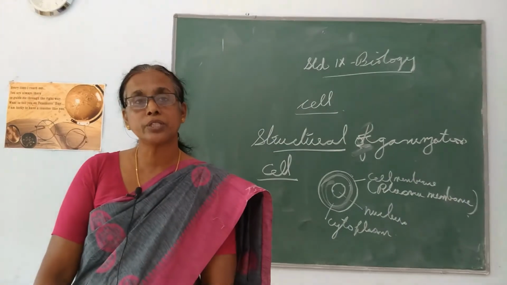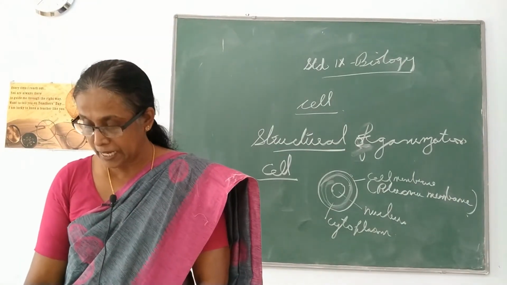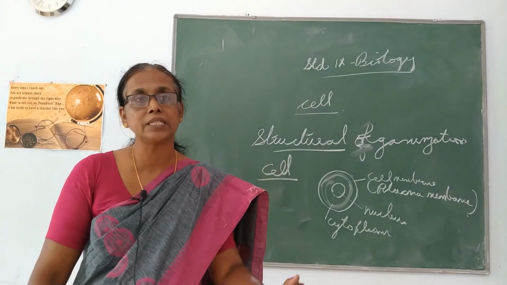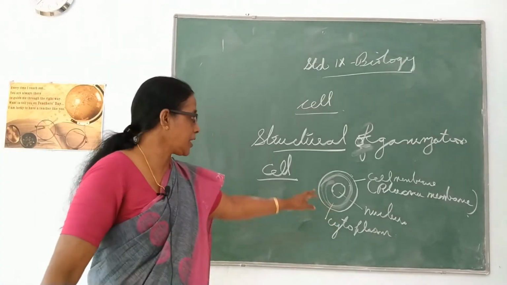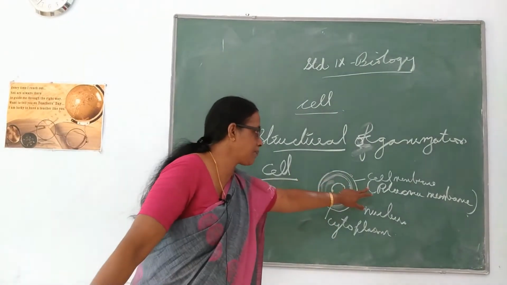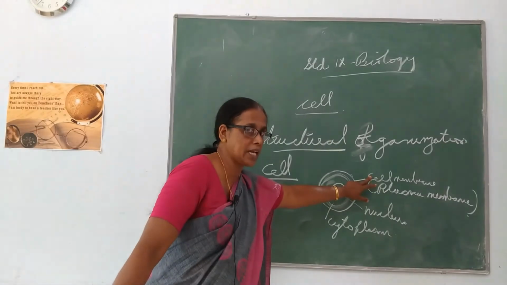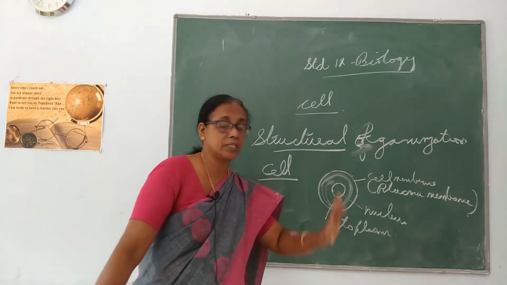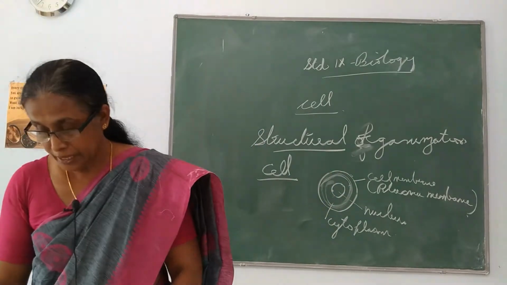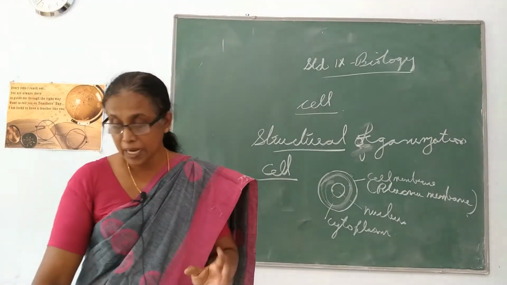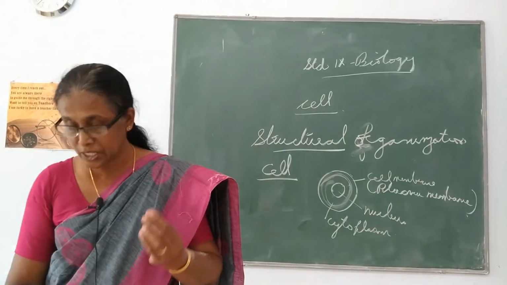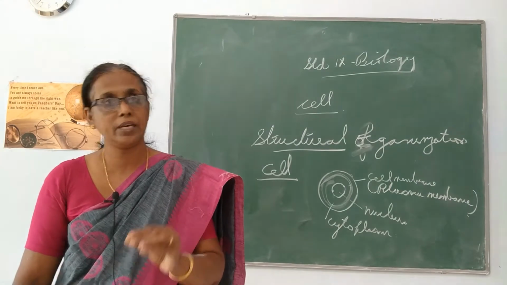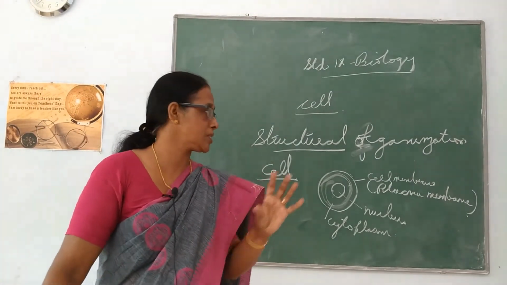This is the outermost covering of the cell that separates the content of the cell from the external environment. See the outer covering, that is the plasma membrane or the cell membrane. This separates the cell from the external environment. The plasma membrane allows the entry and exit of some materials in and out of the cell. It won't allow all the substances to pass through.